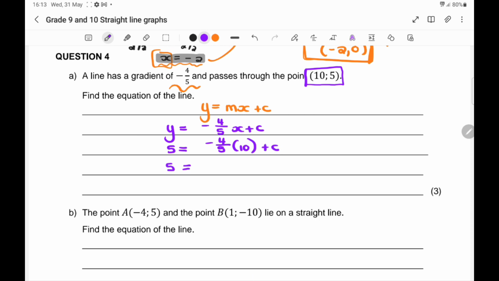If you simplify that, 40 divided by 5 is 8, -8 plus c. So c is equal to, if you add 8 on both sides, you will get c is 13. All right, so now remember, you have to find the equation. So you have to write up your equation that you got, which is y equals -4/5x plus 13. All right, let us highlight that.